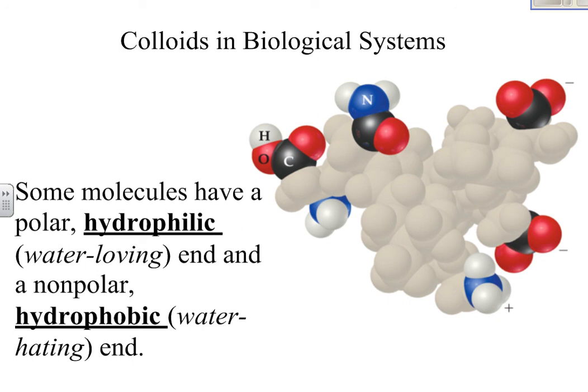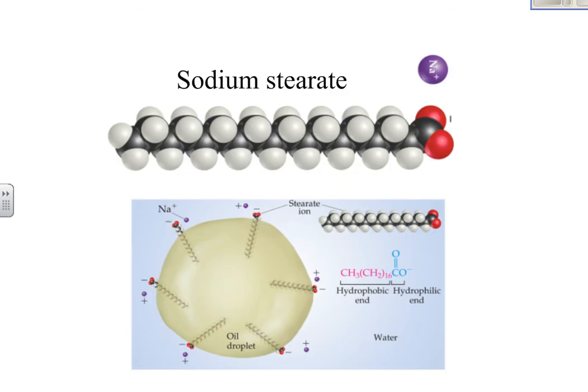Obviously, hydrophobic things would be water-hating, and you can have both hydrophobic and hydrophilic parts within the same molecule, and depending on how it operates, the molecule may or may not be able to dissolve in water. So let's see an example in just a moment. Here's sodium stearate.